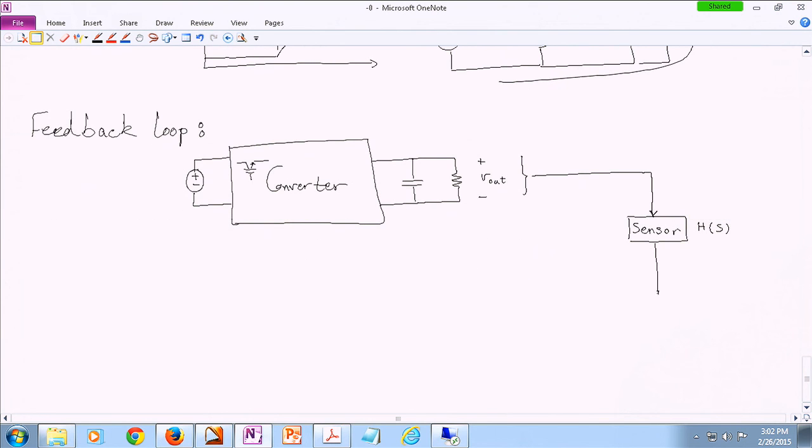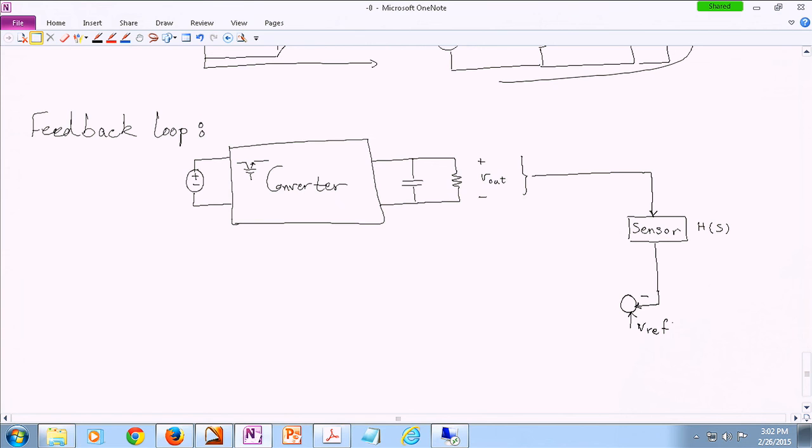Okay, once you sense this, you are going to compare it with your reference. Let's say your output voltage is 100 volts and your sensor has a gain of division by 50. So 100 divided by 50 is 2.